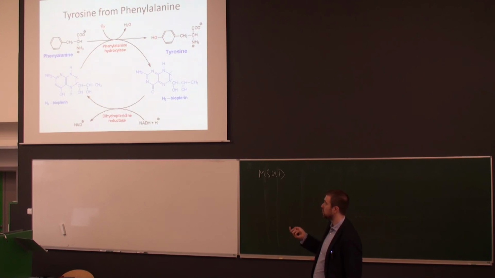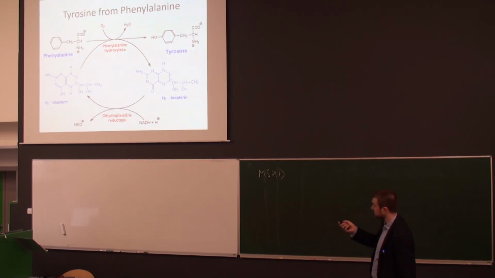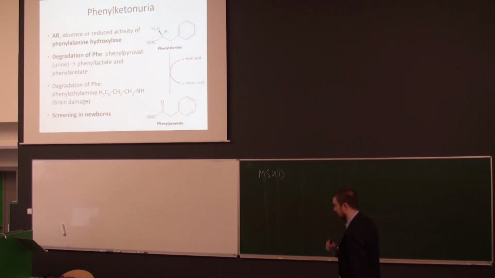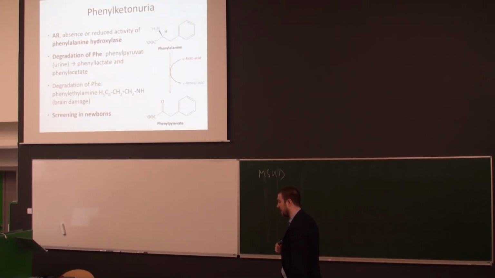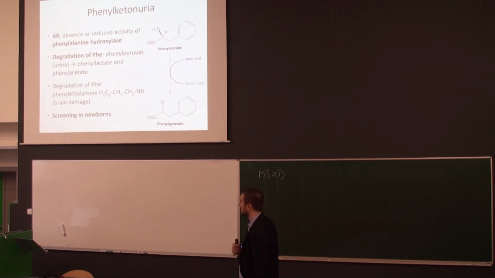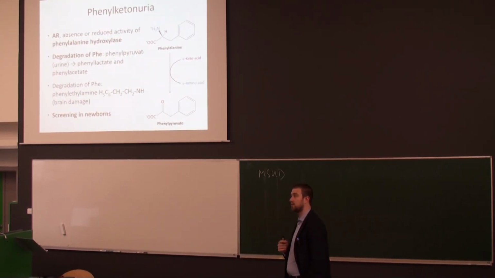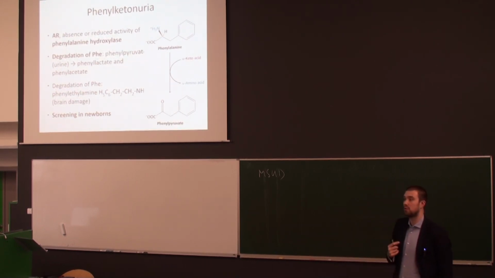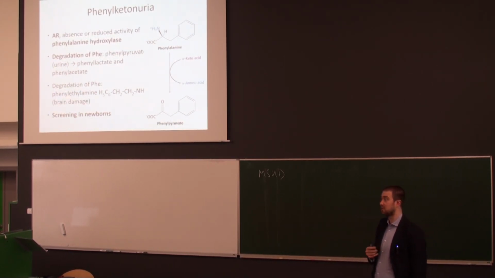Why do we want you to know this enzyme? Because its enzyme defect stands behind a quite well-known disease: the absence or reduced activity of phenylalanine hydroxylase leads to phenylketonuria.